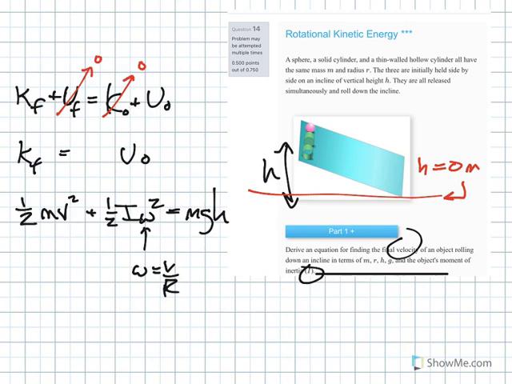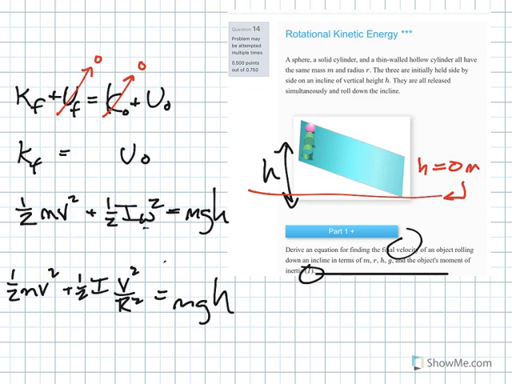So then let's rewrite that. All right, and then that is equal to mgh, and then we're going to solve for V, okay?